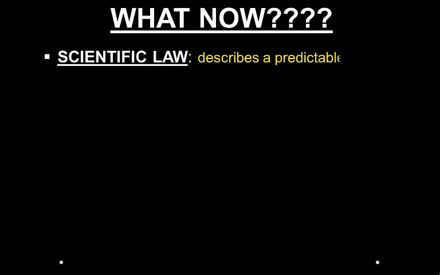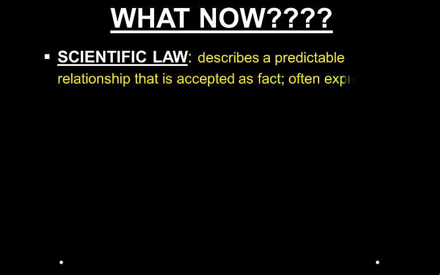Remember, the goal of all science is to explain and predict natural phenomena. So what comes next? A generalization that describes a behavior in nature is called a scientific law. Laws may be expressed as mathematical equations or concise statements.